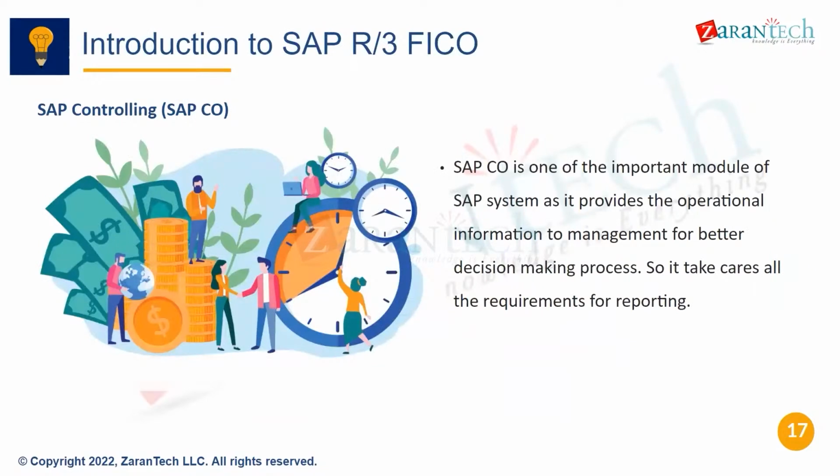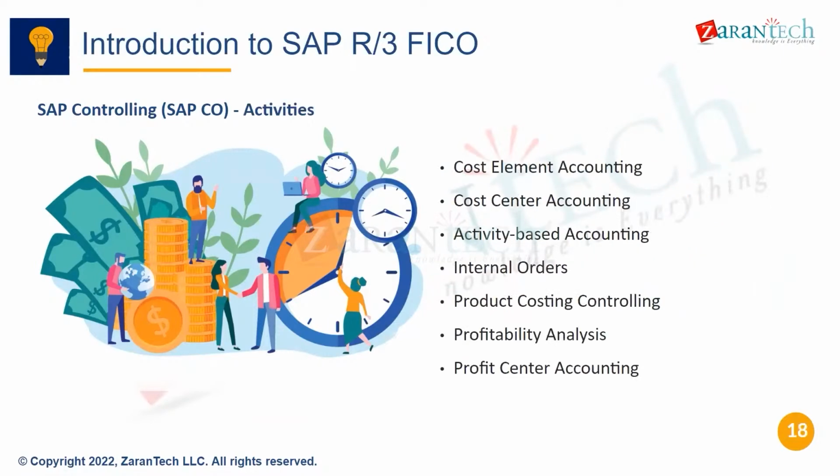Yeah. So SAP CO is for internal management for better decision making. These will be the modules in controlling: cost element accounting, cost center accounting, activity-based accounting, internal orders, profitability analysis, and profit center accounting.